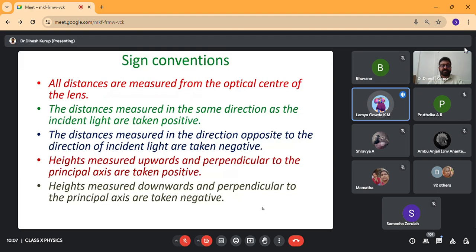Excuse me, sir. Yeah, please. Sir, we have so many light rays passing through the object to form the image, right? But while drawing diagrams, we only take some particular rays, one, two, or three maximum.